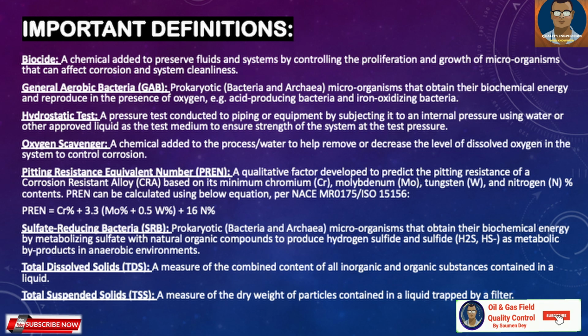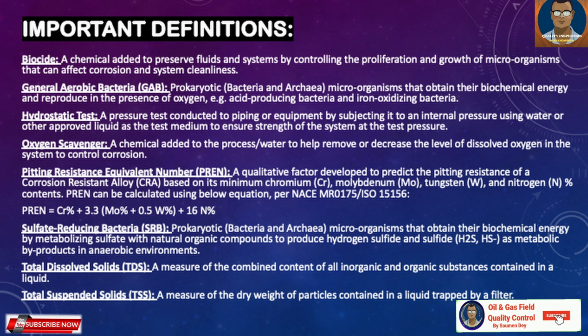Let us start with some important definitions. Biocide: a chemical added to preserve fluids and systems by controlling the proliferation and growth of microorganisms that can affect corrosion and system cleanliness.